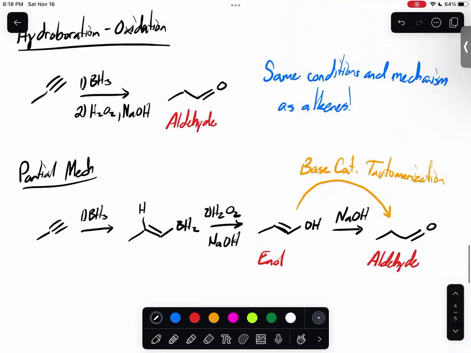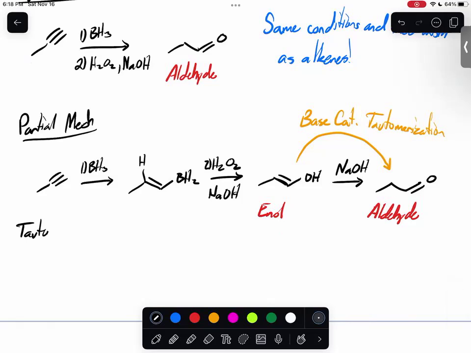So, the mechanism for this tautomerization is very simple. Starting from the enol, we have the acidic proton that's on there. And so our hydroxide comes in, grabs that proton, and forms the now enolate, right?